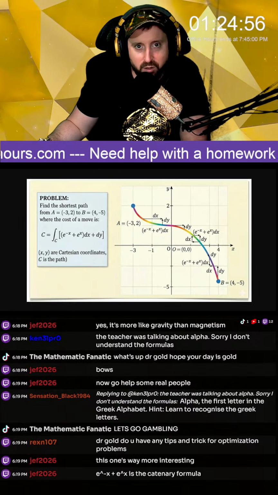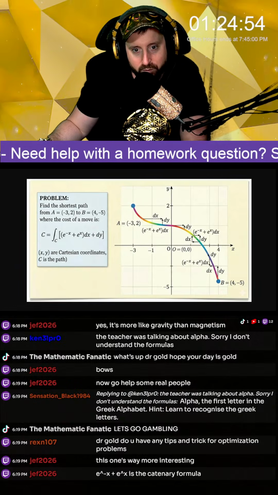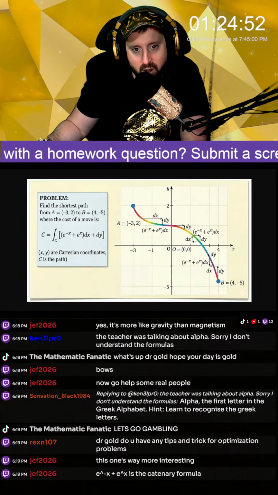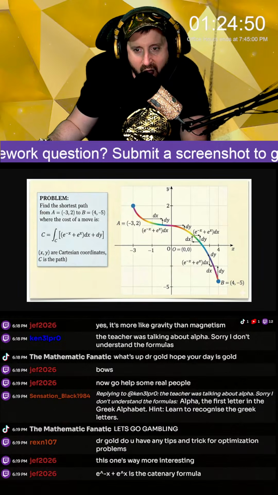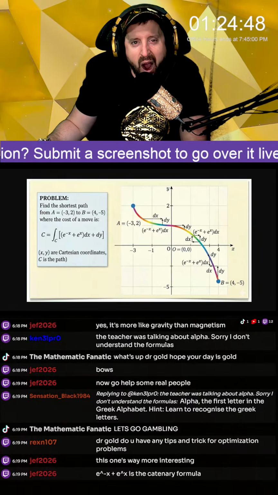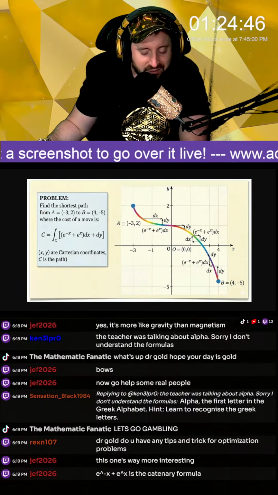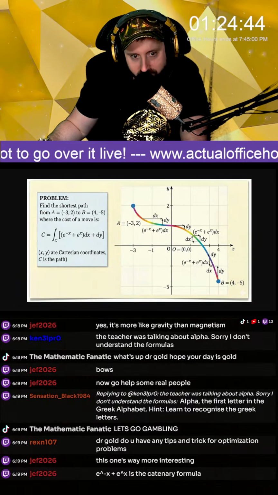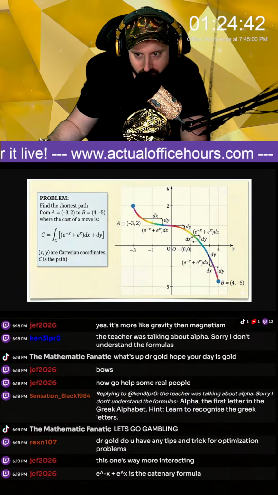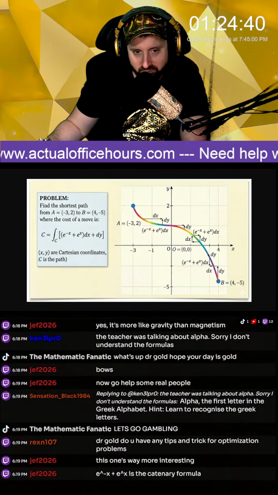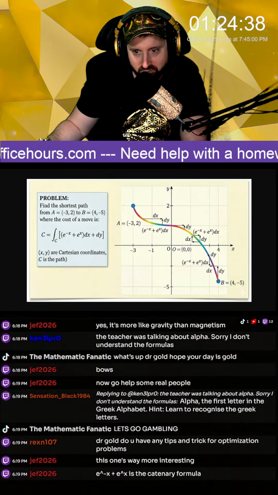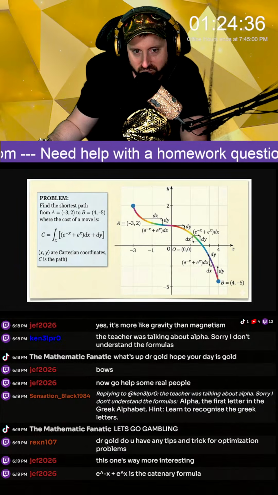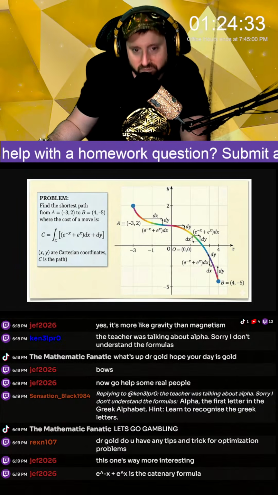e to the minus x plus e to the positive x is the catenary formula. It should be e to the negative x plus e to the x divided by 2. How does it help me do this? What is in the parentheses there, e to the negative x plus e to the x, is 2 times the hyperbolic cosine of x.